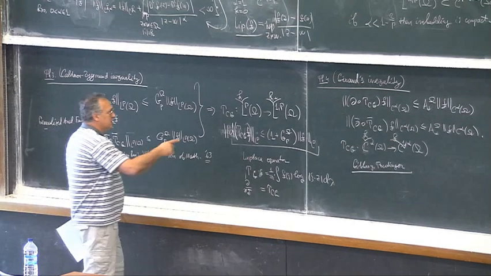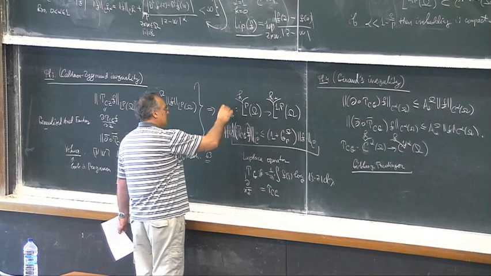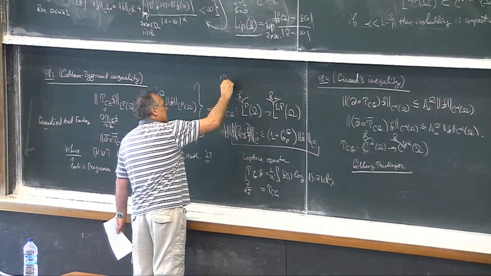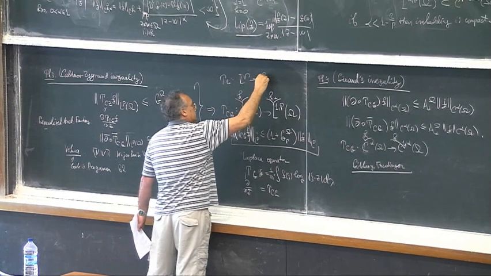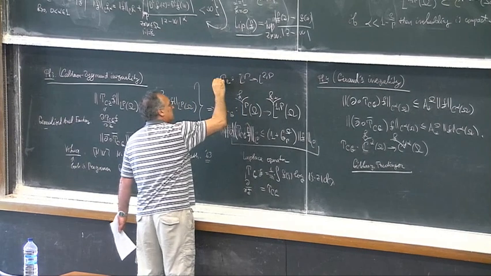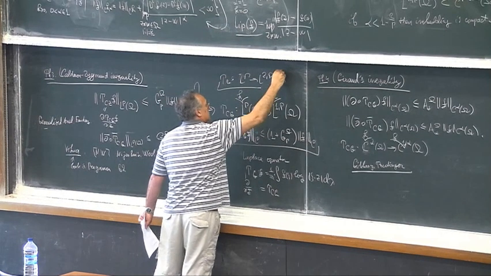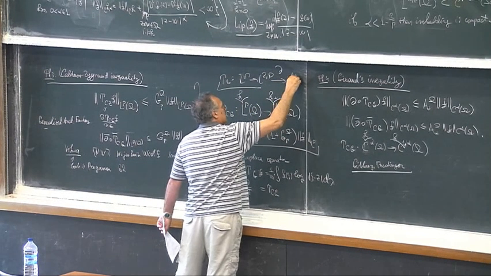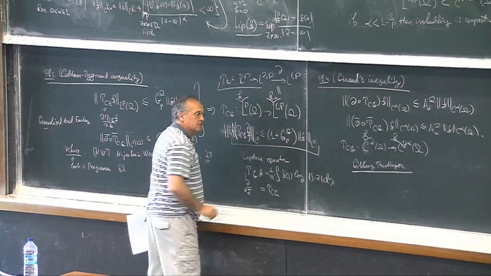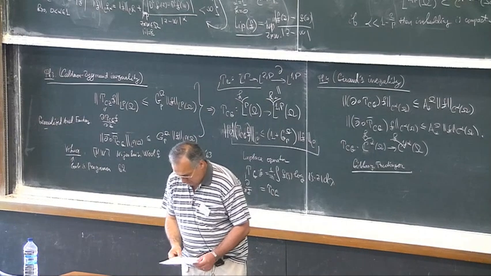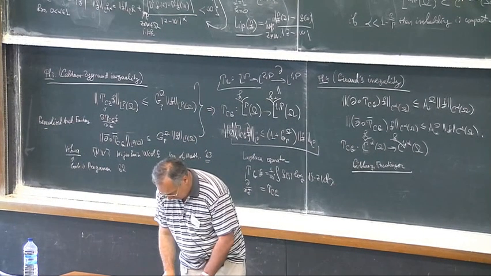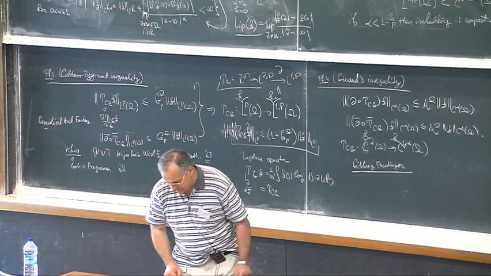They will be better: the Green operator embeds LP to L2P, of course, for the Laplacian. Then you differentiate and you get to L1P, and this is this statement. This way you can get these estimates from easier sources.